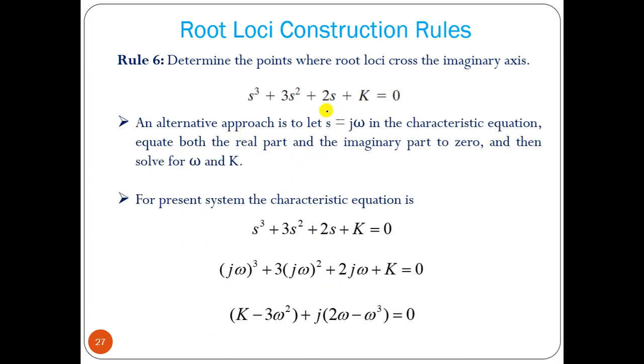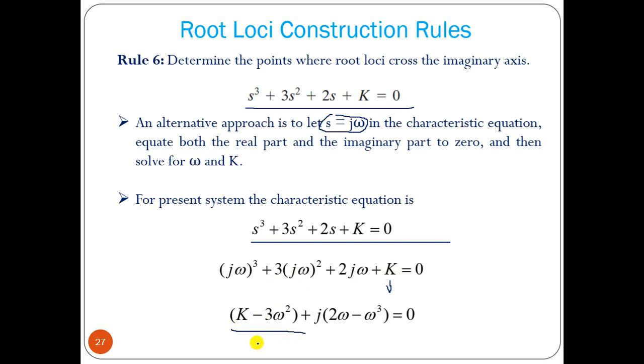What you have to do is put s equal to j omega in the characteristic equation. Okay, we have to put s equal to j omega, and then the imaginary part. Okay, k is your real part, and j square equal to minus 1, so minus 3 omega square is your real part.